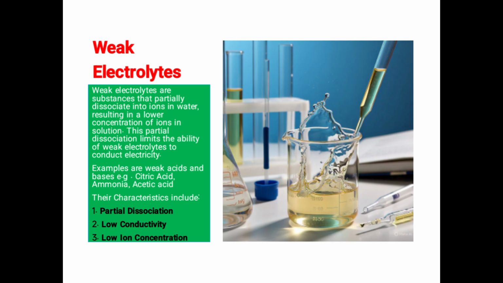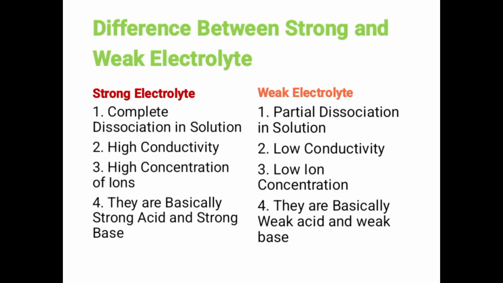Examples of weak electrolytes include weak acids and bases, e.g., citric acid, ammonia, acetic acid, etc. Their characteristics are: one, partial dissociation, two, low conductivity, and three, low ion concentration.